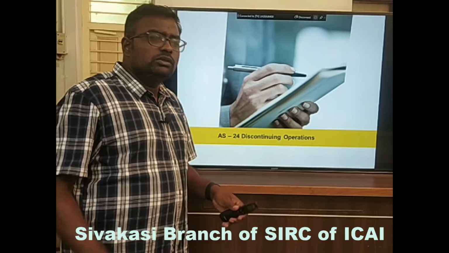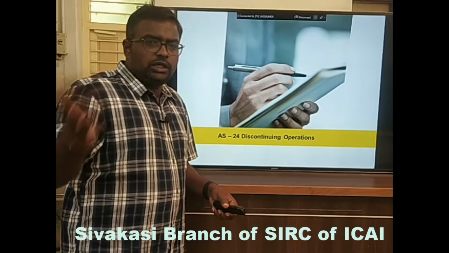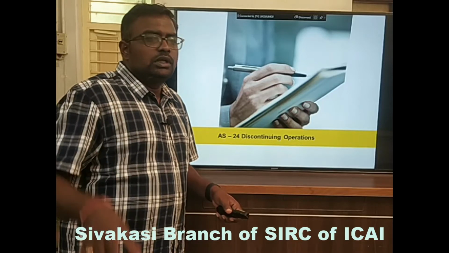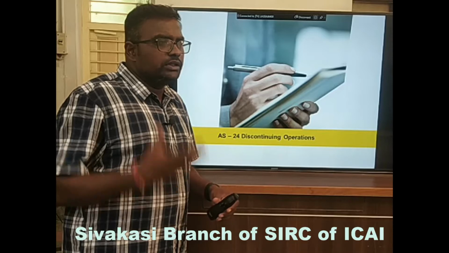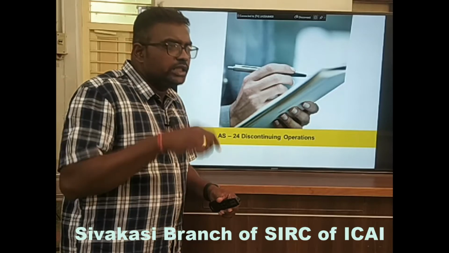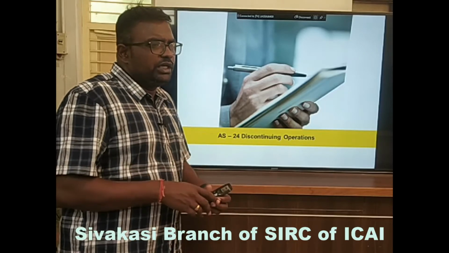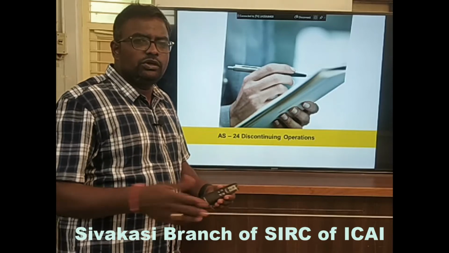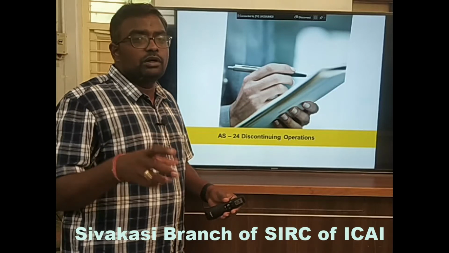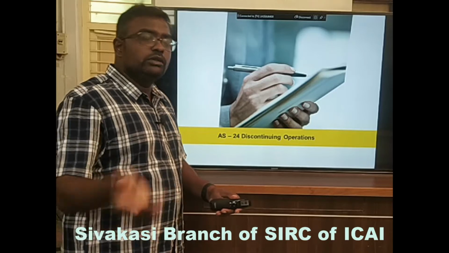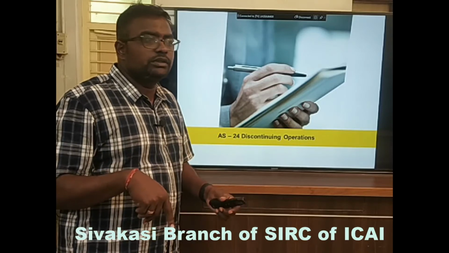So that is called a discontinuing operation. I discontinued it. You have to use judgment, because there is a very thin difference between a discontinuing operation and modifying your operations. So you have to see when to conclude it as a discontinuing operation.